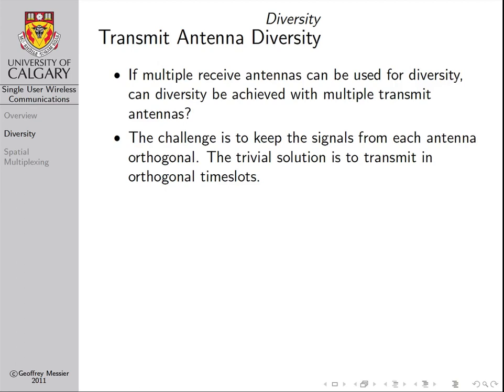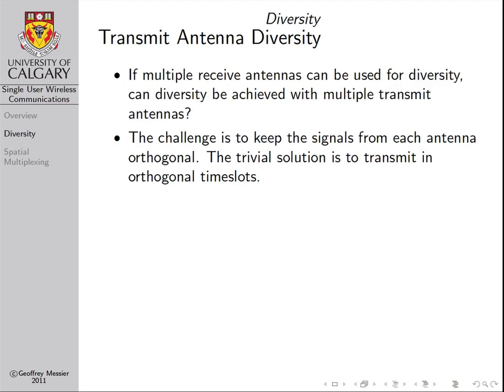Well, one thing that it's important to note about diversity paths is that in order for diversity to work, all of these paths have to remain independent, they have to remain separate, or in other words, they have to remain orthogonal to each other. So you can't have diversity paths that are forming linear combinations of each other, because then there starts to form dependency between the fading on those paths, and the whole benefit of diversity starts to fall apart.